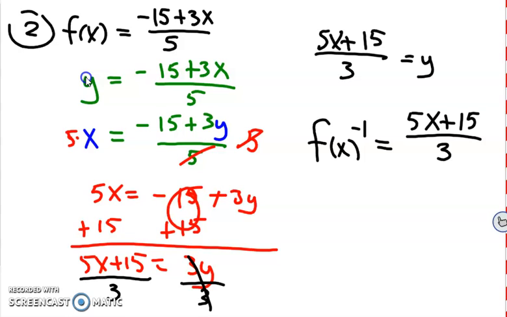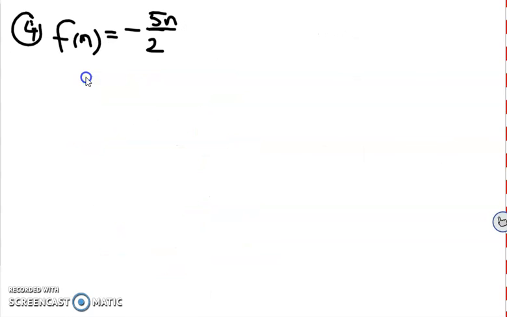In the original problem, the 3 was a multiplication problem, but in the inverse, division. And in the original problem, the 5 was under division, and under inverse, it's multiplication. So keep in mind we are writing an inverse, which means that in the end, whatever operation we're beginning with, the inverse should be showing the inverse operations.